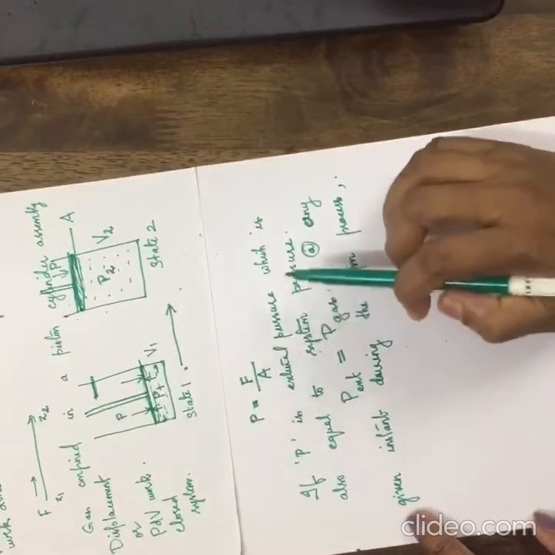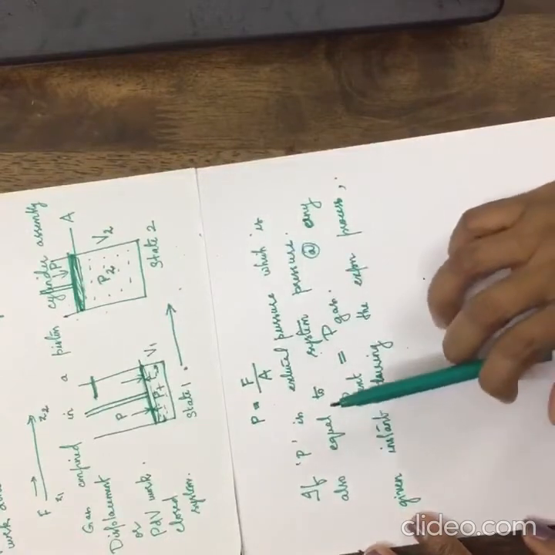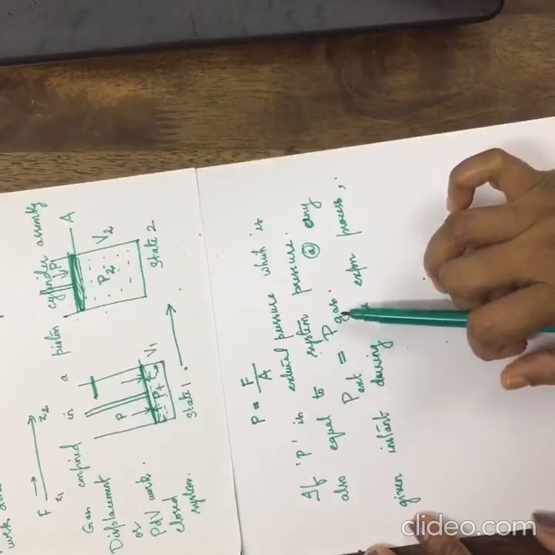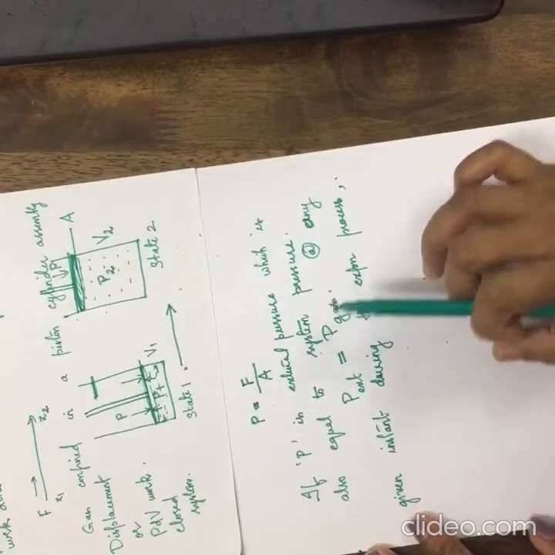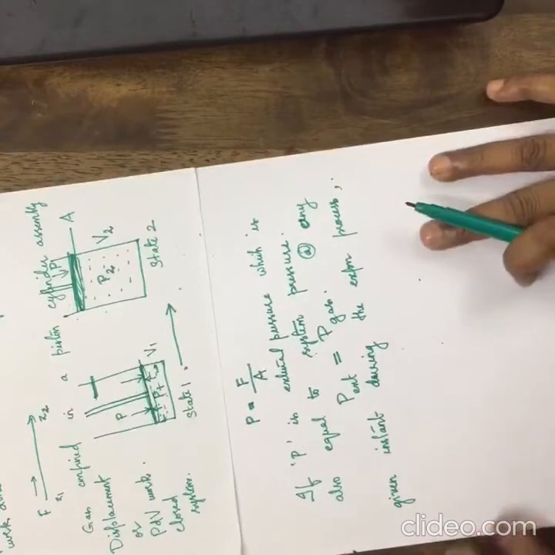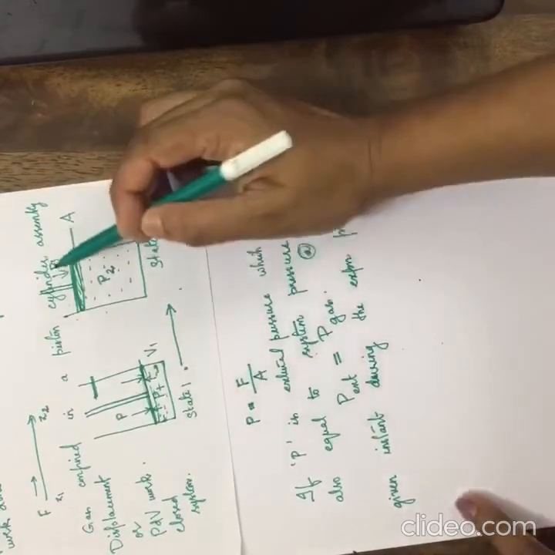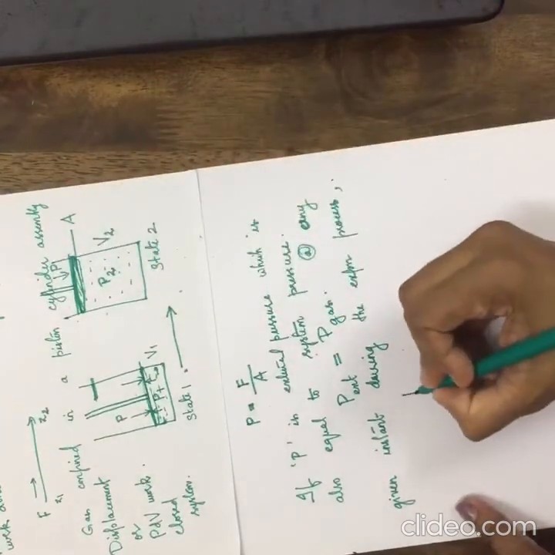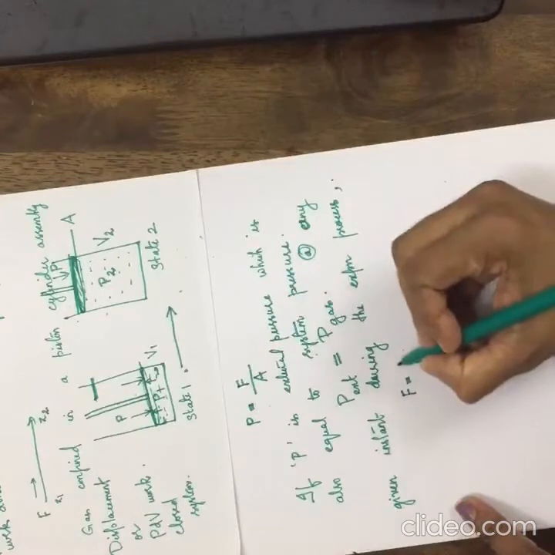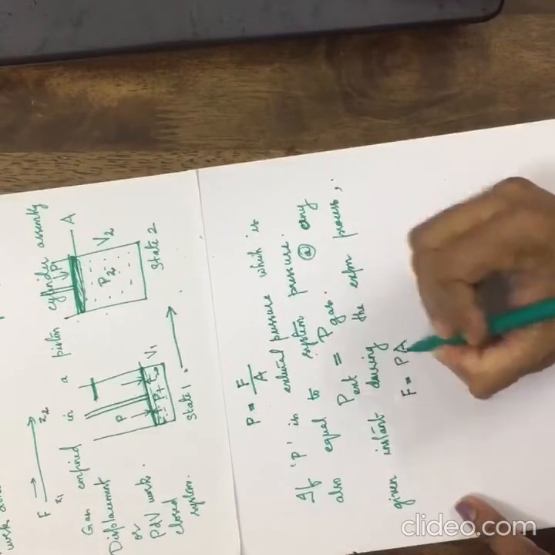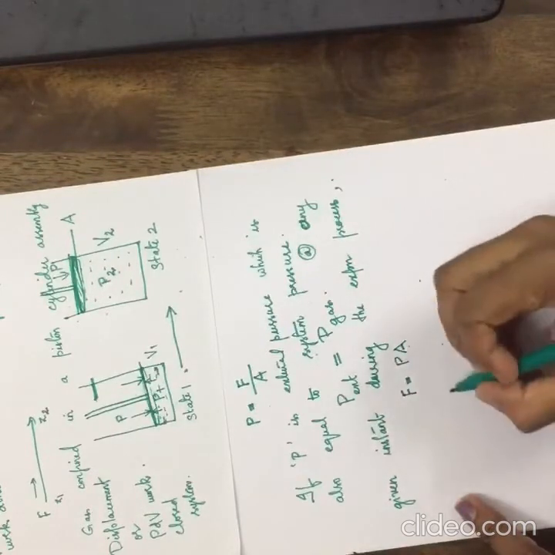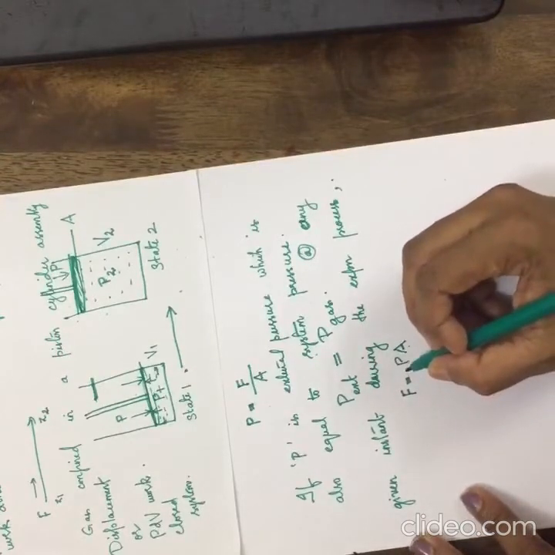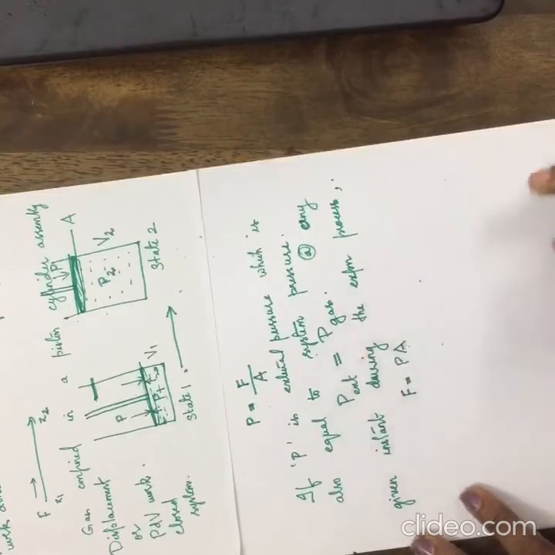If P is the external pressure, which is equal to the system gas pressure at any given instant during the expansion process, the external force acting on the piston is given by F is equal to P into A.